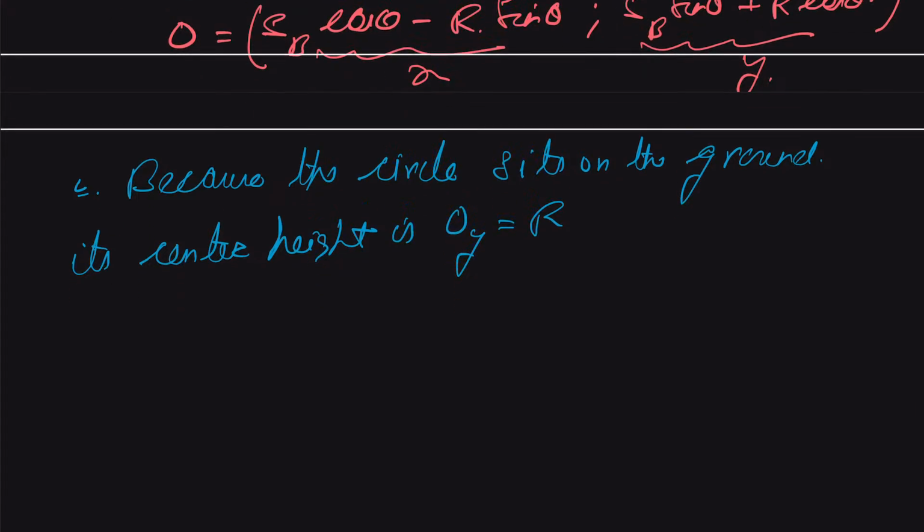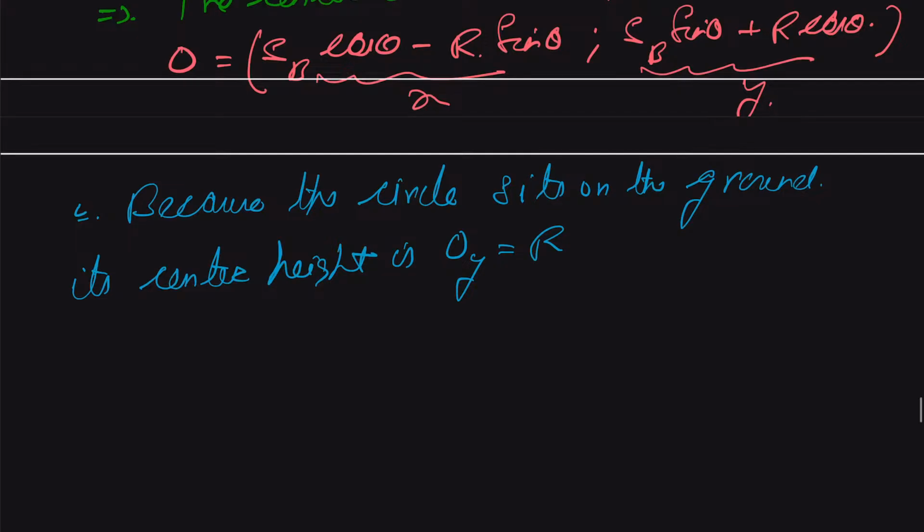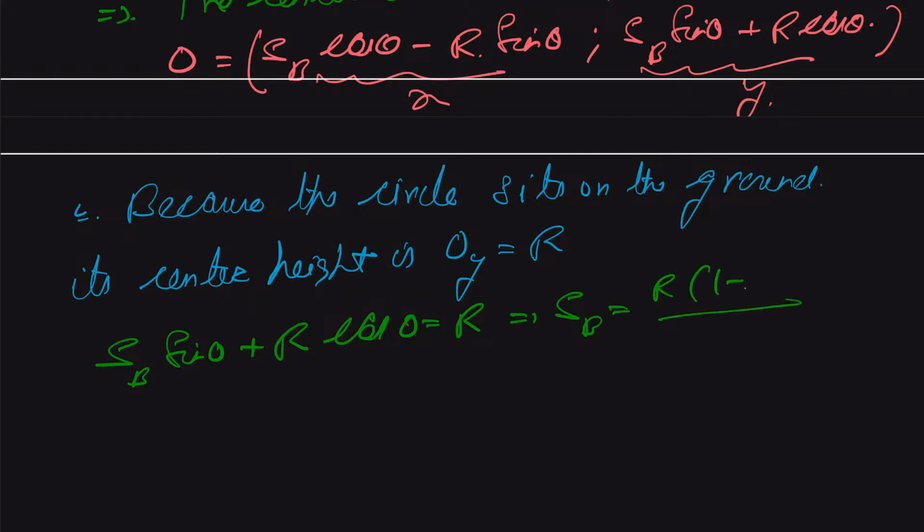Therefore we can write that SB sine of theta plus r cos of theta is equal to r. From here we can write that SB will be equal to r times 1 minus cos of theta divided by sine of theta. Okay, this we are going to use later on.